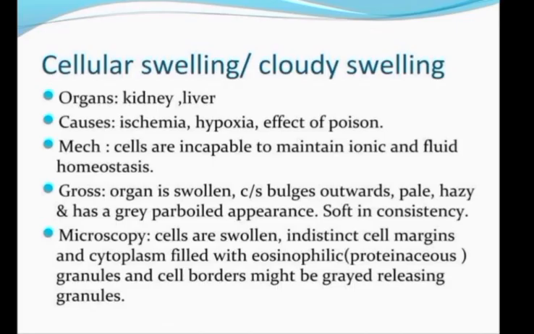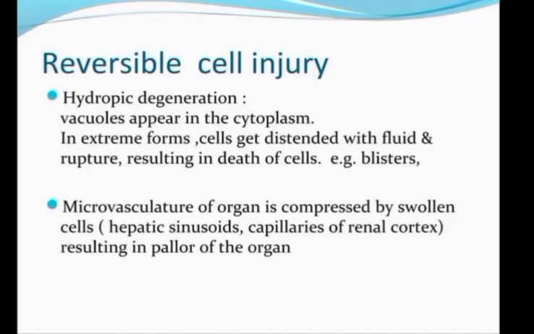Mechanism: cells are incapable of maintaining their ionic and fluid homeostasis due to reduced blood supply. As a result, the organ will swell and bulge. In microscopy we can identify that the organ is swollen due to decreased oxygen and blood supply.